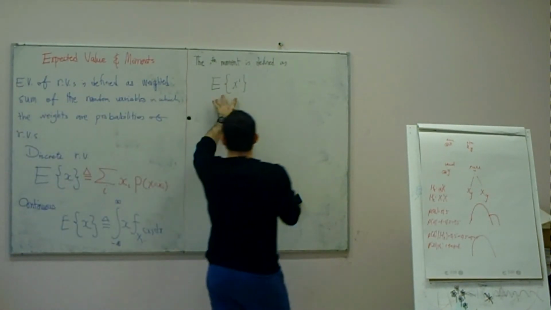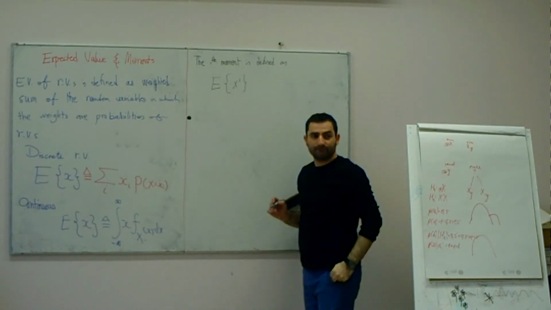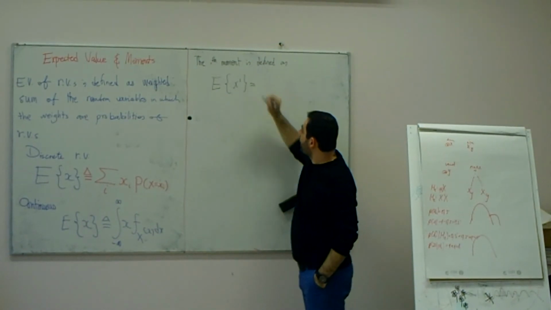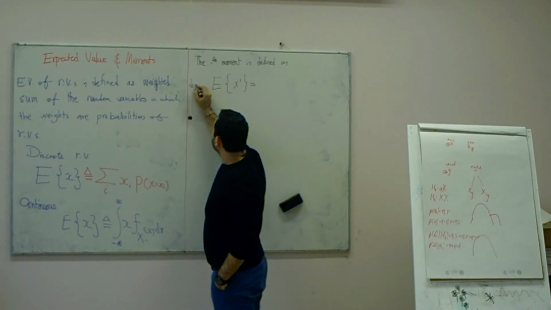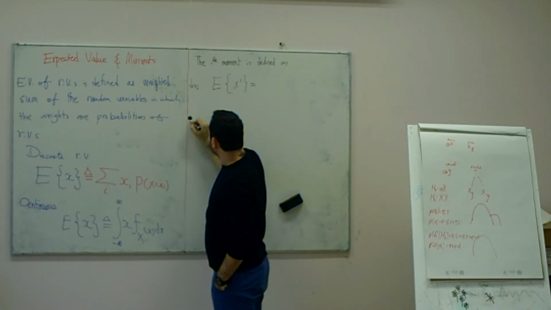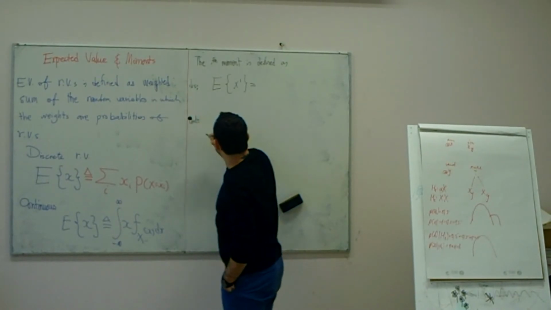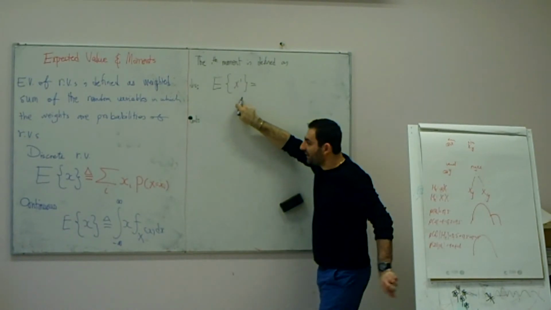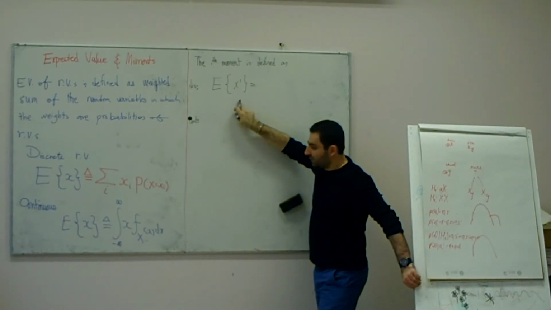So what is the expected value of x^i, for the discrete and for the continuous? For the discrete one, can you tell me what it is? Look at the definition.